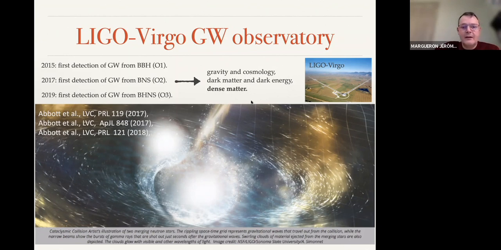The latest observing run, O3, detected several things, and among the new features, a binary black hole neutron star system has been observed. Thanks to these new observations, we expect to know better gravity and cosmology, as well as dark matter and dark energy. The present work is mainly focused on what we could learn from these observations about dense matter in neutron stars.